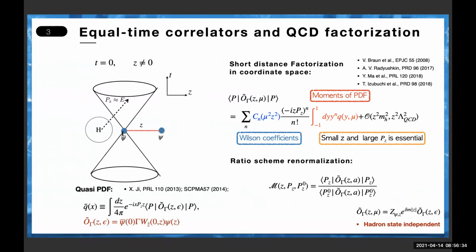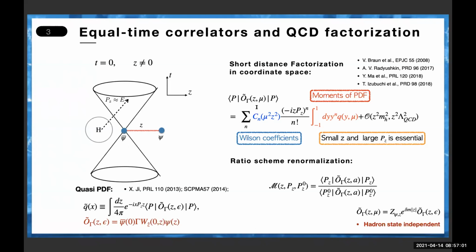For example, you have an operator using psi bar separated along the spatial direction but at equal time, and you have a hadron with large momentum PZ. Then you can define the quasi-PDF by the Fourier transform and match it to the PDFs. Or we can also perform the factorization as we do in this talk, factorization in coordinate space.